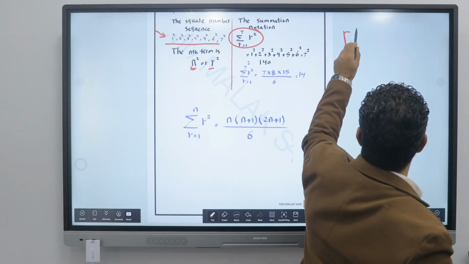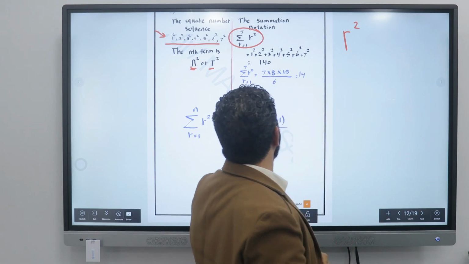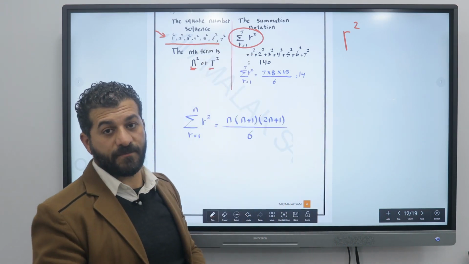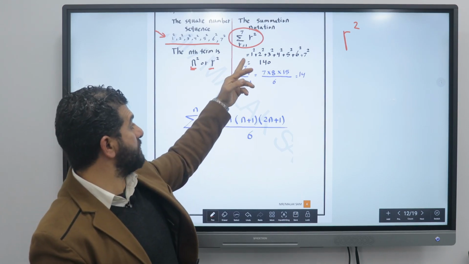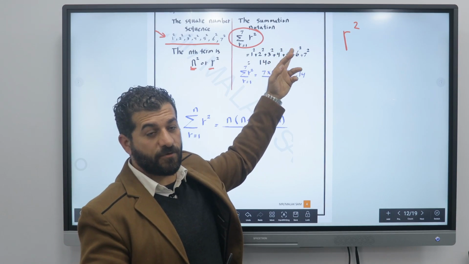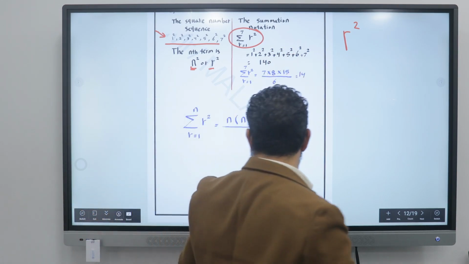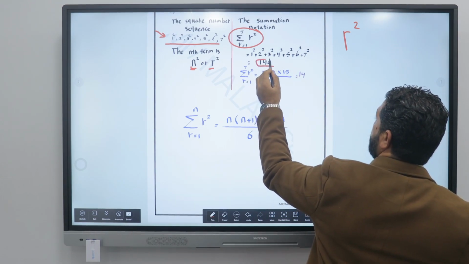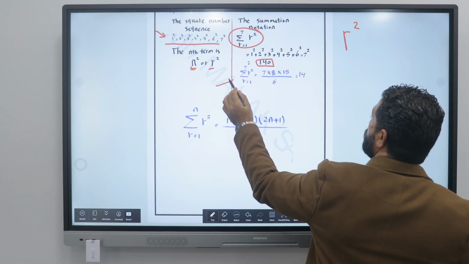What is r to the power of 2? This is the nth term, starting from 1 to 7. That means I want to find the sum of all terms here: 1 to the power of 2 plus 2 to the power of 2 plus 3 to the power of 2 till reaching 7 to the power of 2. It will be 140.